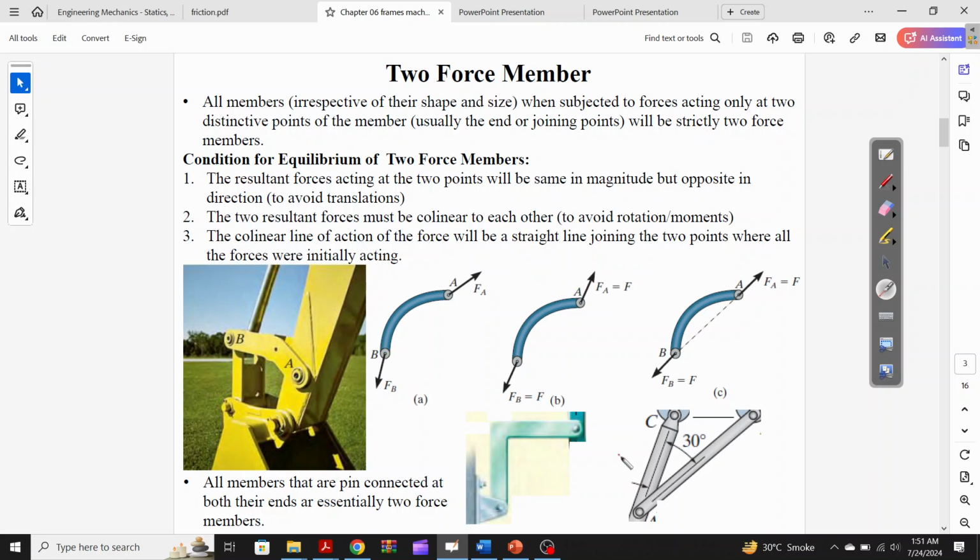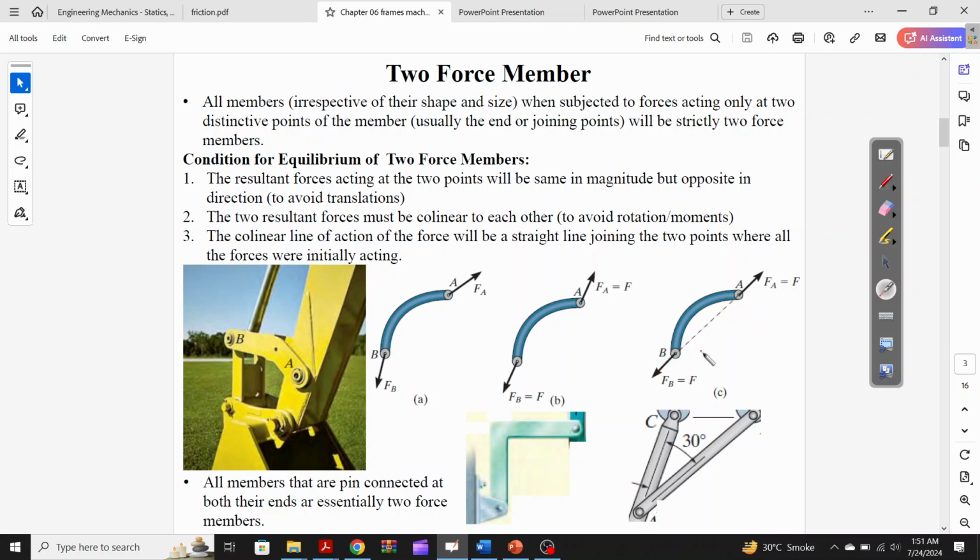Here, this L-shaped bar is acting as a two force member. This curvilinear rod will also act as a two force member, and if we simplify it further, the curvilinear bar can be treated this way, with two forces Fa and Fb that have the same magnitude and act collinearly, 180 degrees apart.